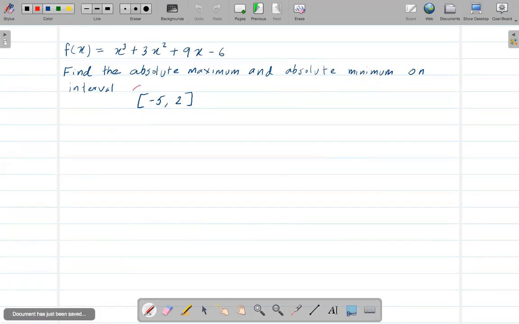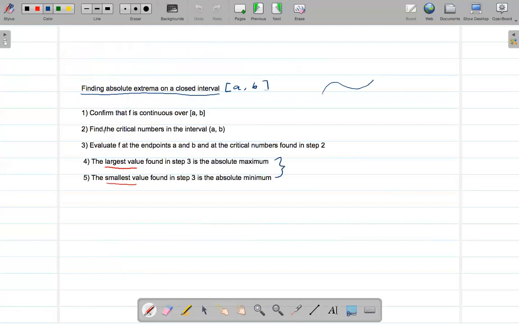Basically, when you're finding absolute maximum or minimum, the interval will be given. Now let's use different colors.